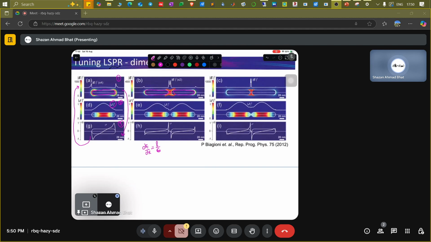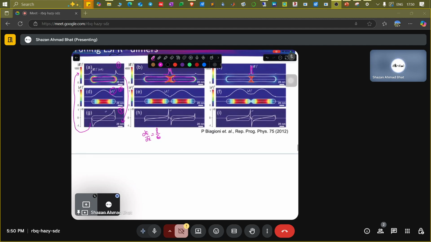Now, these are different current density profiles and electric field profiles. For this one, you see that the electric field is completely confined inside this particular diameter. That is important, because if you can confine the electric field, it almost acts like a guide. It can confine the electric field in a very localized manner. Here the confinement goes on increasing, and you can see how the charge density behaves. It almost behaves like this.